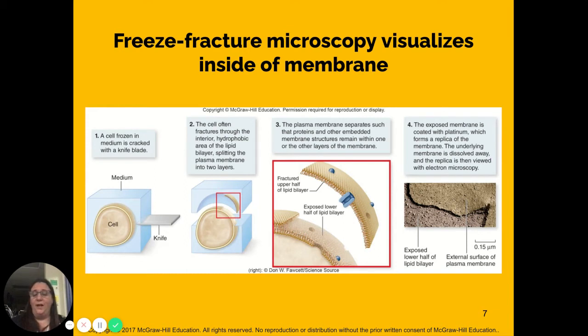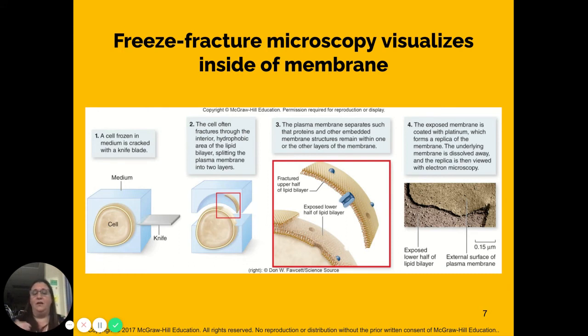What will happen is that the membrane will fracture right in between those two layers of the lipid bilayer. When it fractures and separates, the proteins that are embedded in one side will remain in that side.